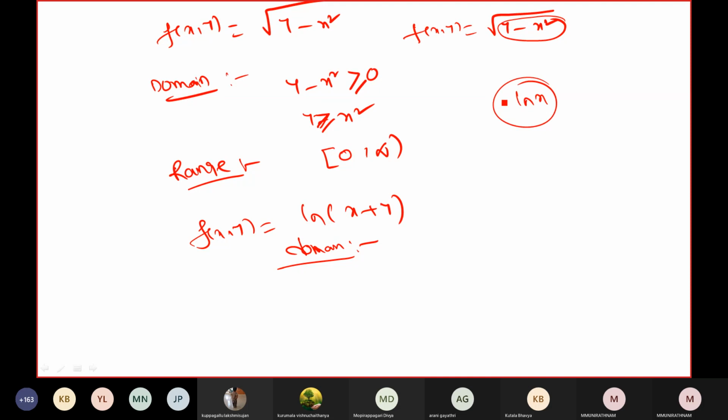What is ln of minus 1? What is ln of minus 2?